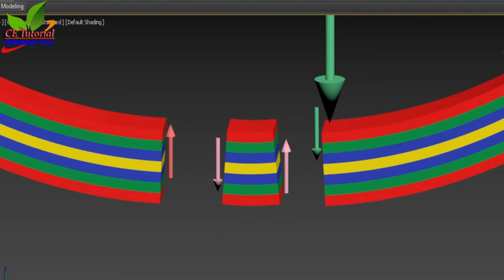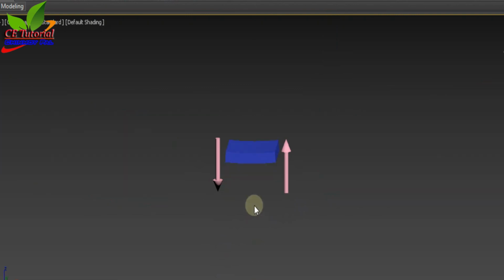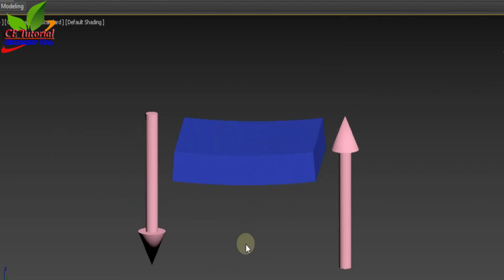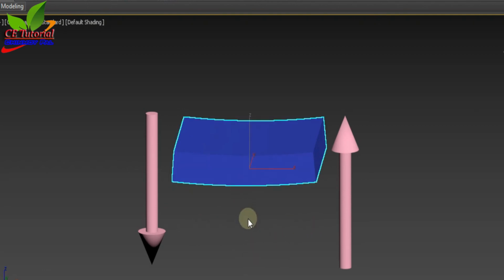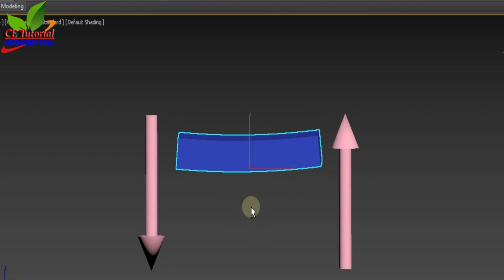Now consider a particular layer. You can see those two tangential forces are nothing but a couple of forces, and this couple is creating an anti-clockwise moment.